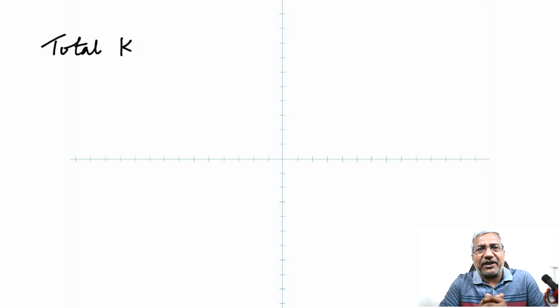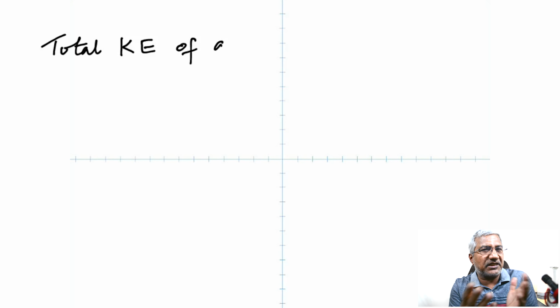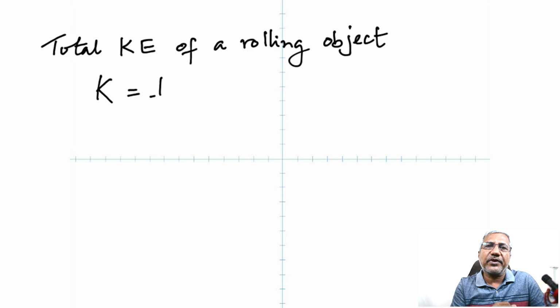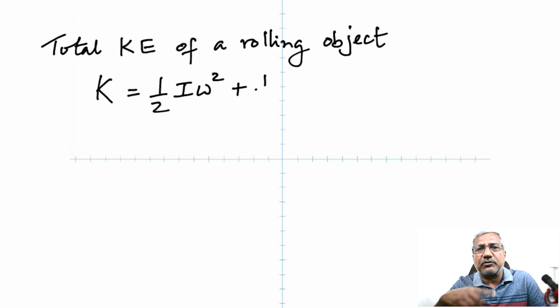Next, let's look at the kinetic energy involved in rotation. Especially the last part. If the tire is rolling, then it has 2 types of kinetic energy. Because the center is moving in a straight line, it has linear kinetic energy, which is 1/2 mass times velocity squared. And then, because it's rotating, it also has rotational kinetic energy, which is 1/2 I omega squared.